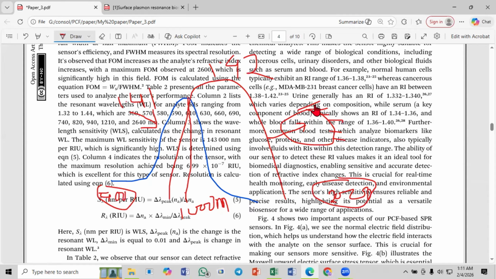The outer surface of the plasmonic material has a refractive index of 1.41. When we pass the light through the fiber, we check the loss at the resonance wavelength.